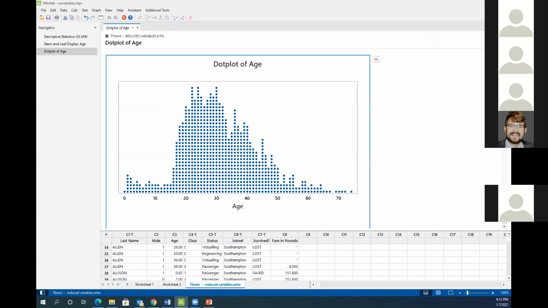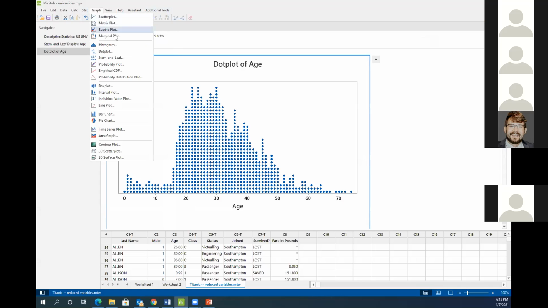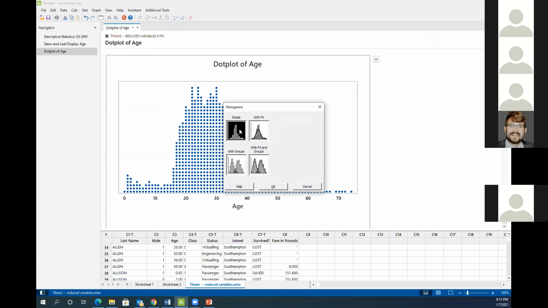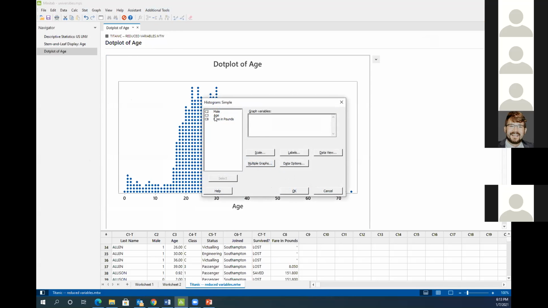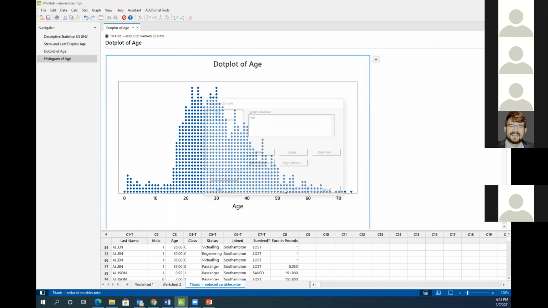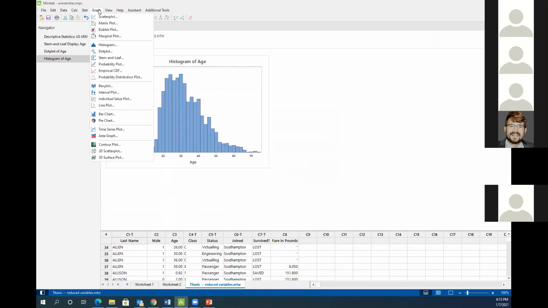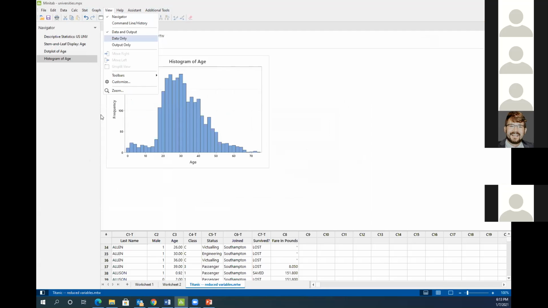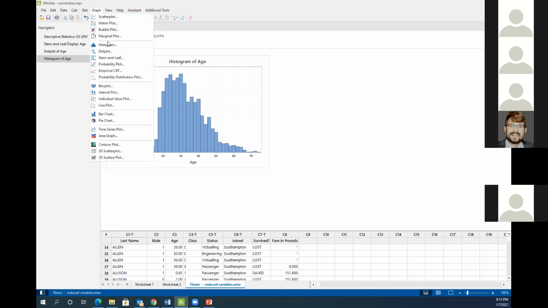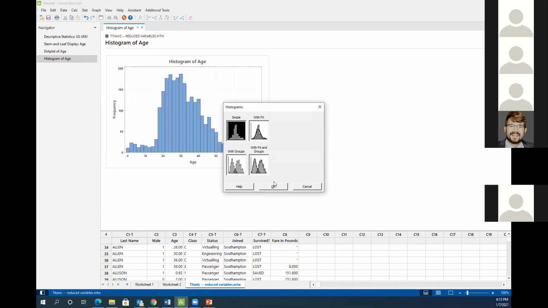Look into that. I think you can see my Minitab, because I will be doing this multiple times. So this is the histogram. If you go under Graph, all the charts are there. I'm just doing the histogram again.